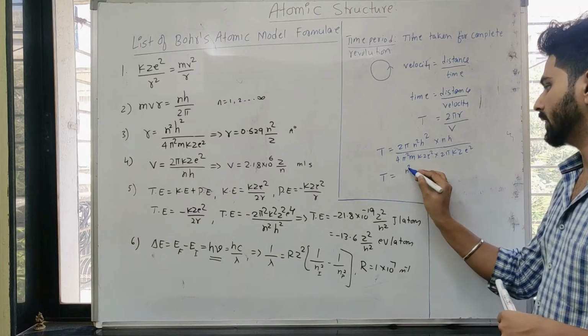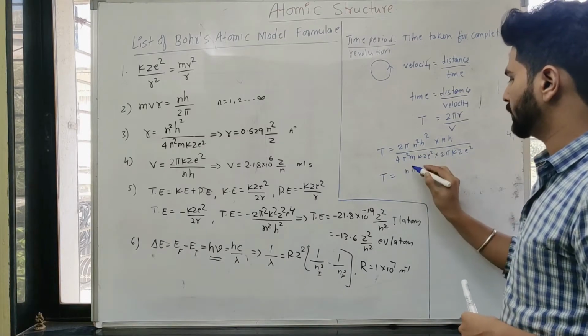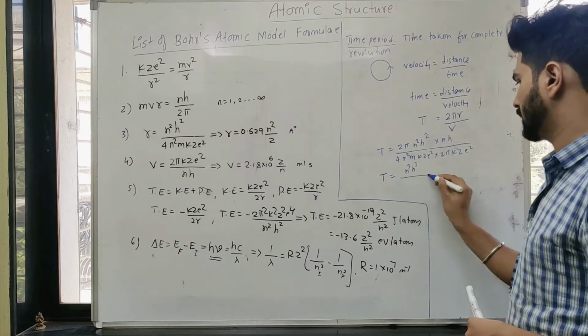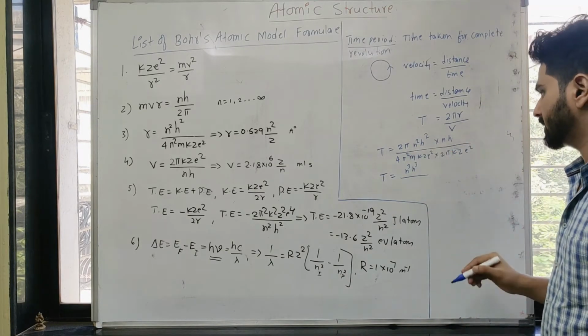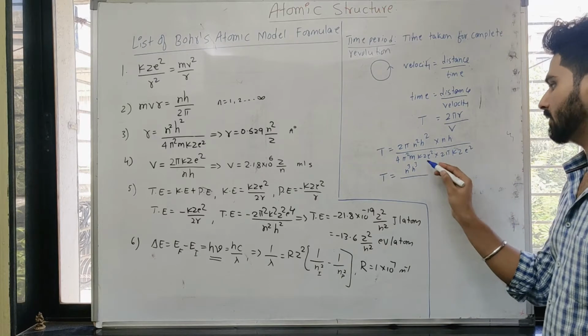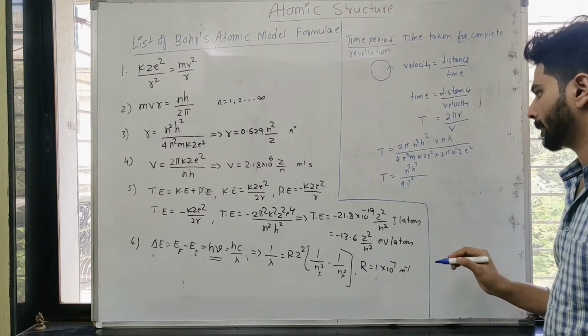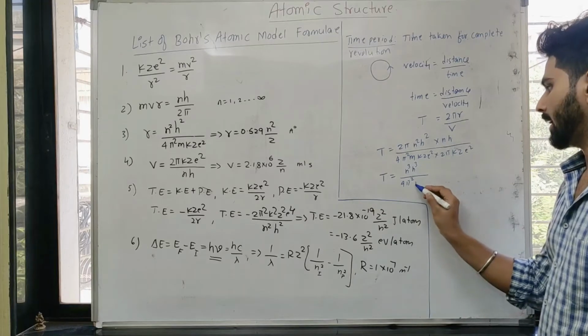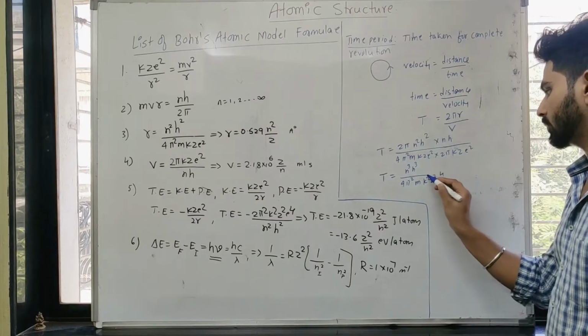So n square h square will now become n cube h cube, divided by 2 pi. 2 pi will get cancelled, k will be there, z will be there, so 4 pi square m k square z square e power 4.